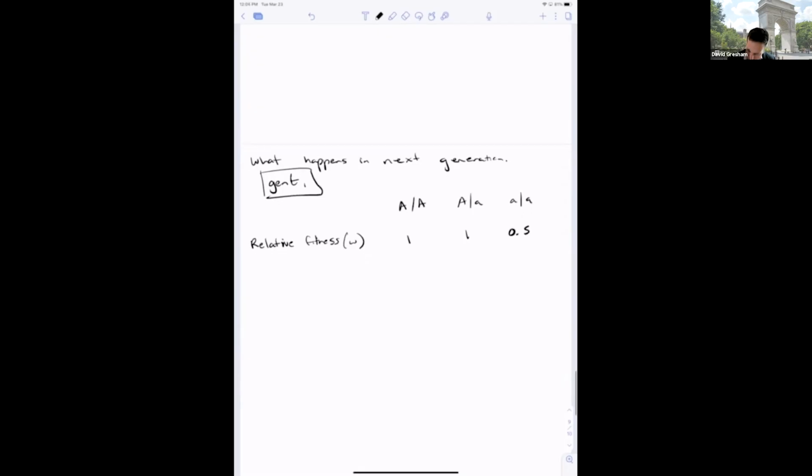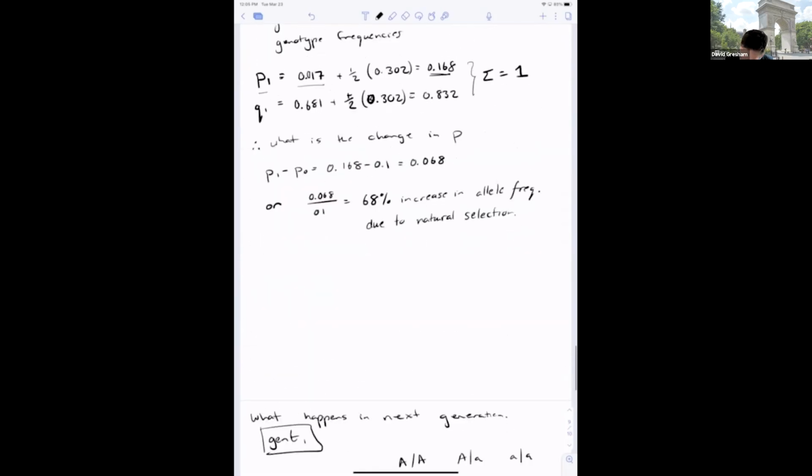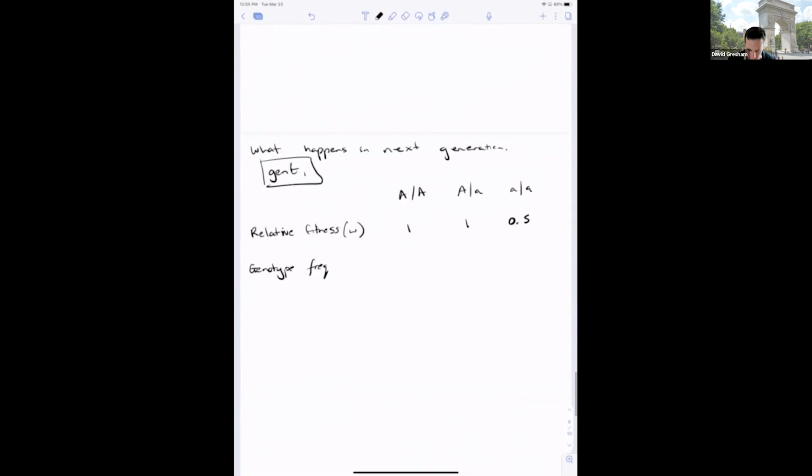We can compute now our genotype frequencies given our allele frequencies, which are up here, of 0.168 and 0.832. So we know then to compute the big A big A genotype frequency, that's going to be 0.168 squared, which equals 0.028.